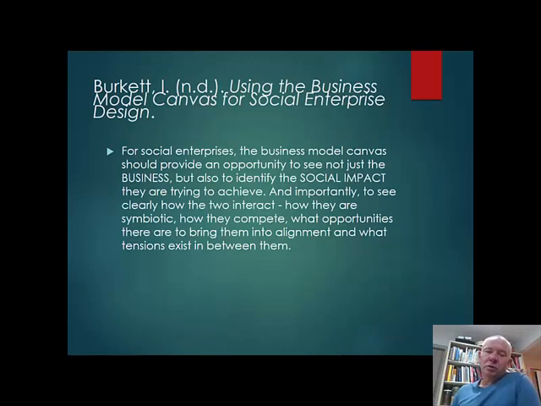So Ingrid Burkett's using the business model canvas for social enterprise design, which is a PDF that's available. I think I've got a link to it on this website. And she talks in detail about the 9 dimensions of the business model when you're dealing with a social enterprise design.